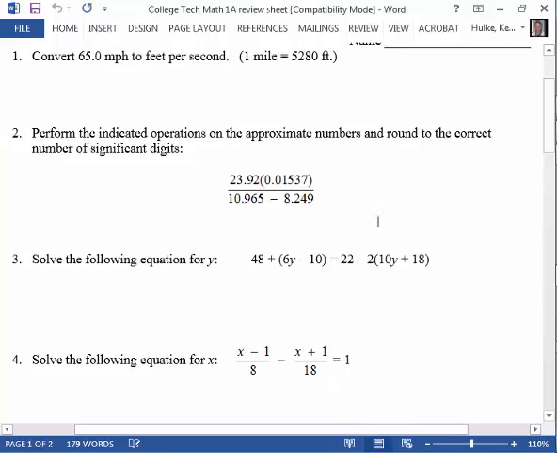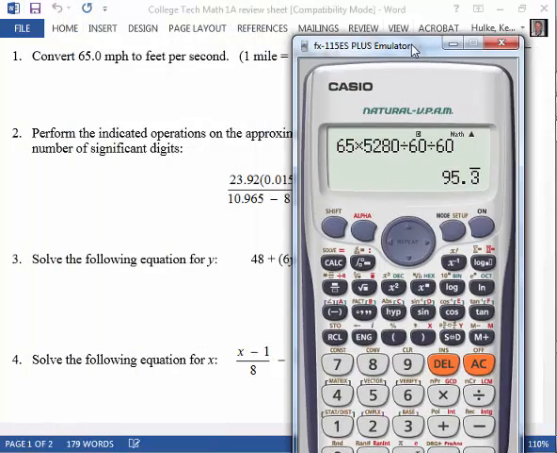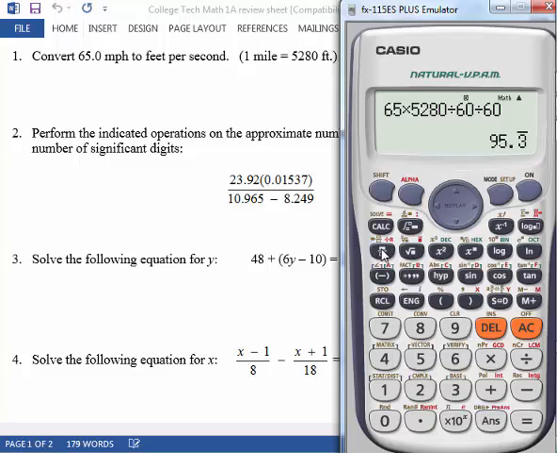Perform the indicated operations of approximate numbers and round to the correct number of sig figs. So let's get out our calculator. I'm going to use the fraction button on my calculator. 23.92. Since there's parentheses there, that means multiply, so times 0.1537.